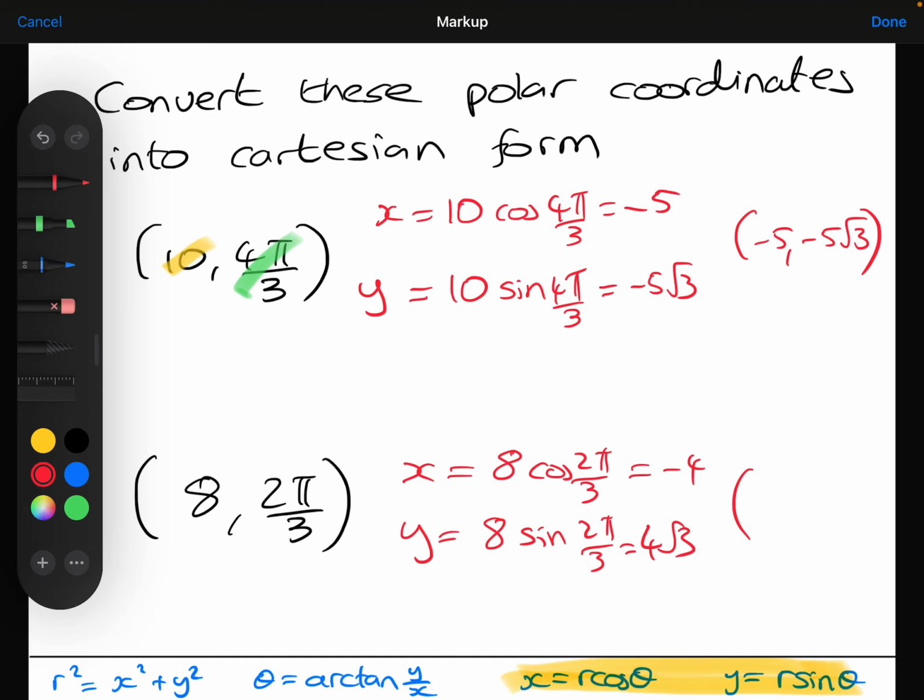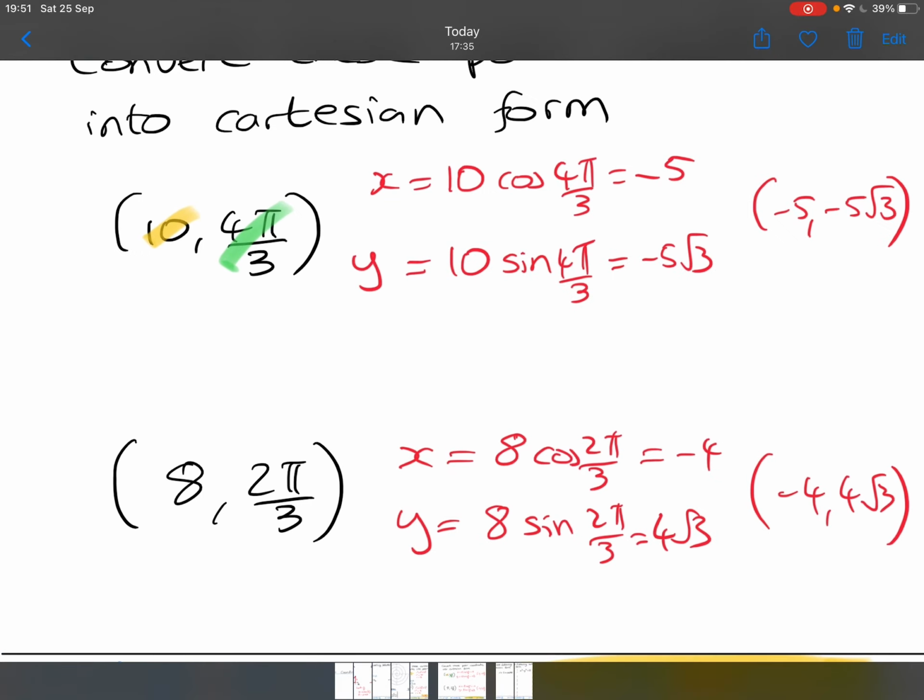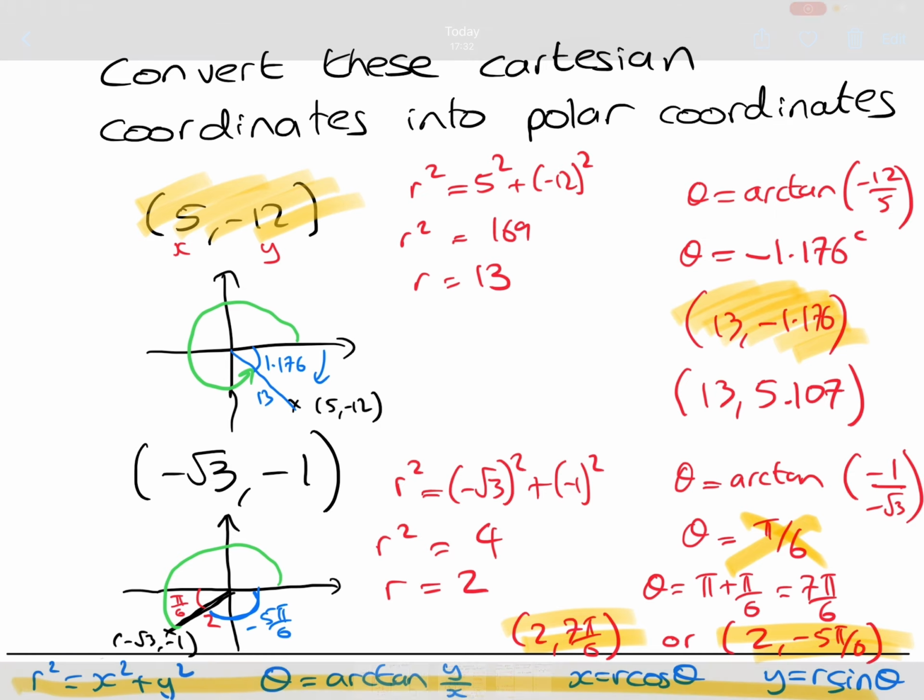So this coordinate would be minus 4, 4 root 3. And there we go. So that's converting coordinates both ways.